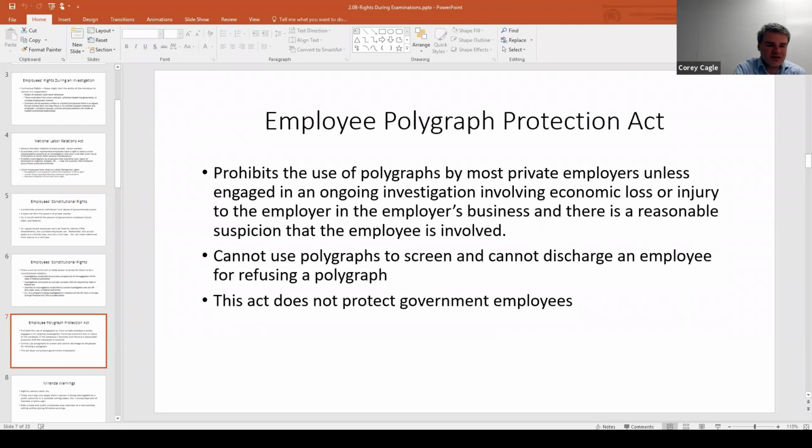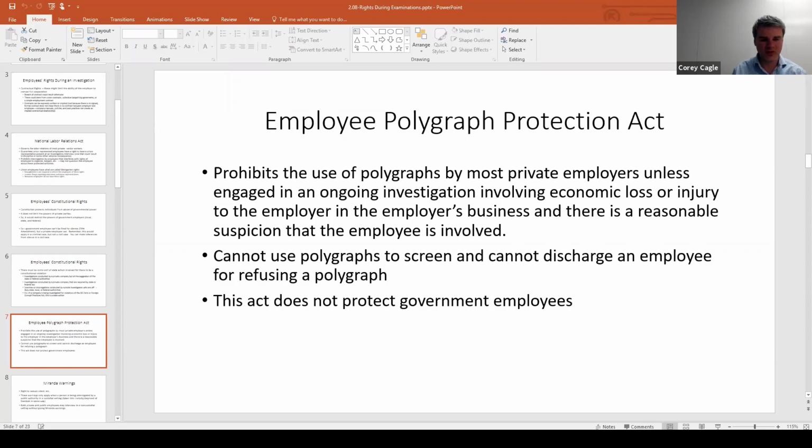The Employee Polygraph Protection Act prohibits the use of polygraphs by most private employers unless engaged in an ongoing investigation involving economic loss or injury to the employer's business, and there's a reasonable suspicion that the employee is involved. That's a lot, isn't it?